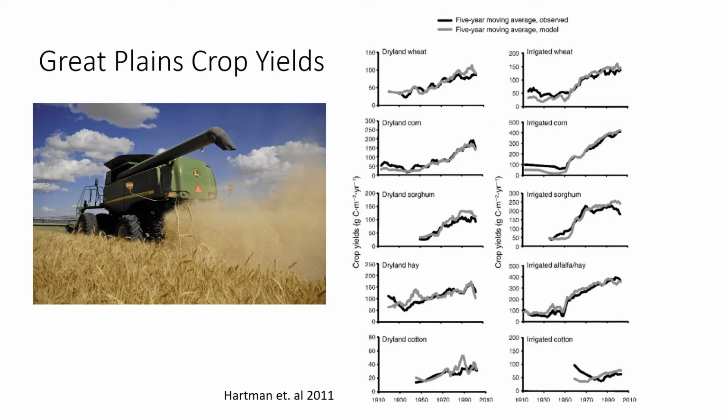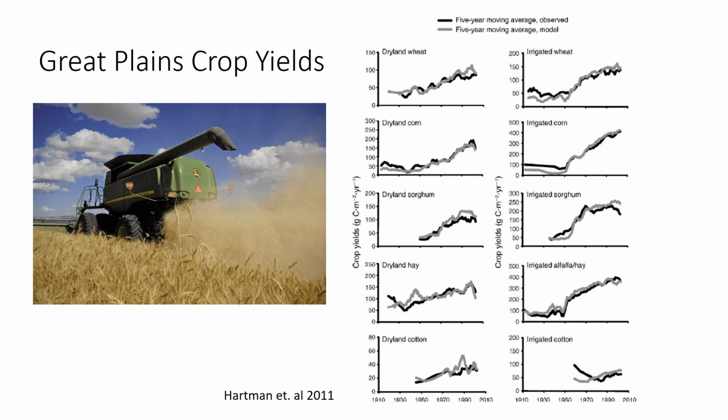So one of the things that we did to calibrate and validate the model was to take agricultural census data for major crop yields across the Great Plains and get the simulated values of these crop yields to look as similar as we could to the observations.